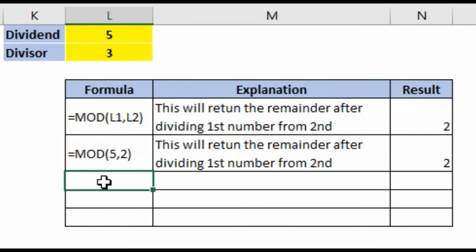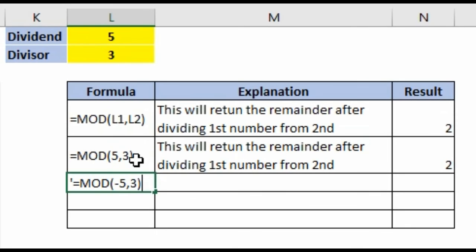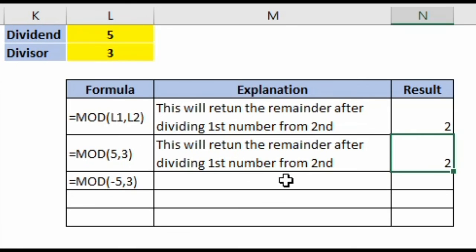Our third option would be to pass a negative number as a dividend and a positive number as a divisor. So here let's pass -5 and 3. Sorry, I just realized that in the previous option I chose the remainder as 2, whereas our result looks fine.